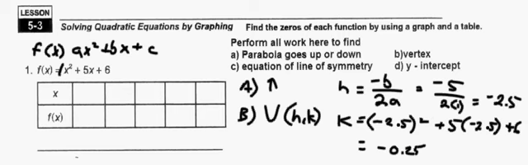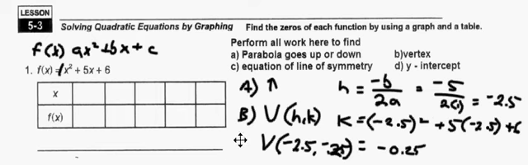Alright, so that's my vertex then. My vertex is negative 2.5 comma negative 0.25. Alright, and then we're asked to find the equation of the line of symmetry.